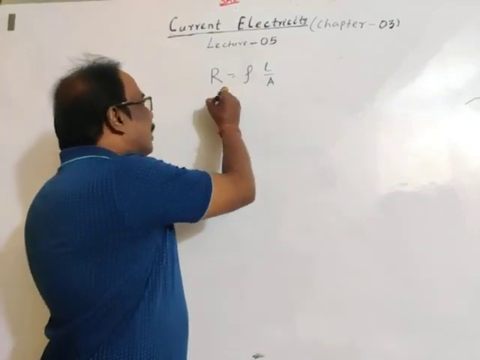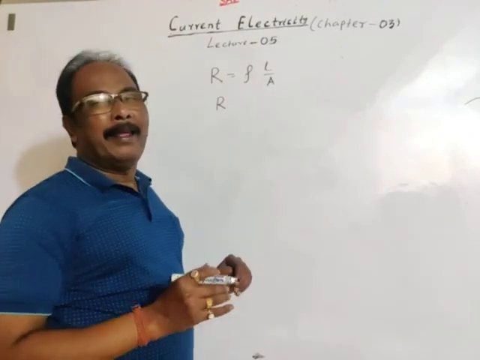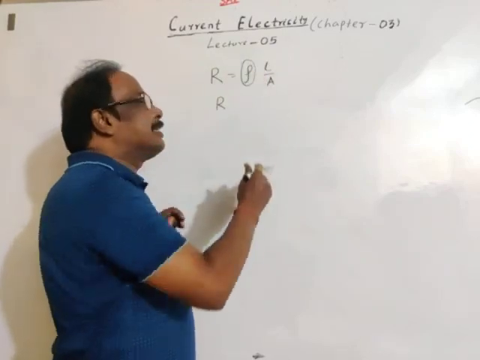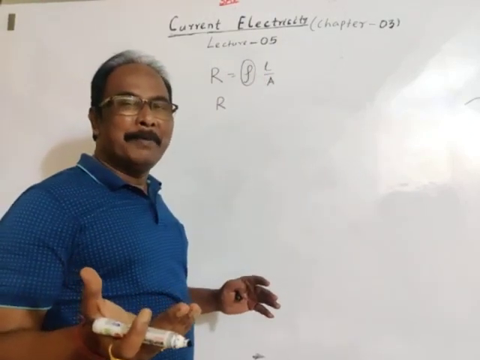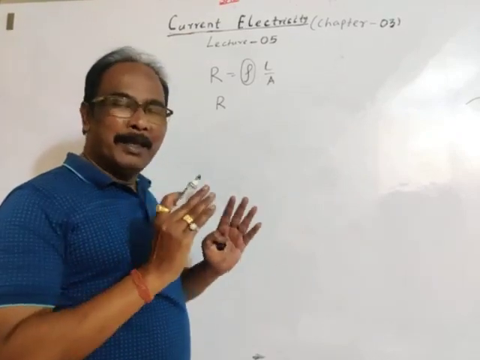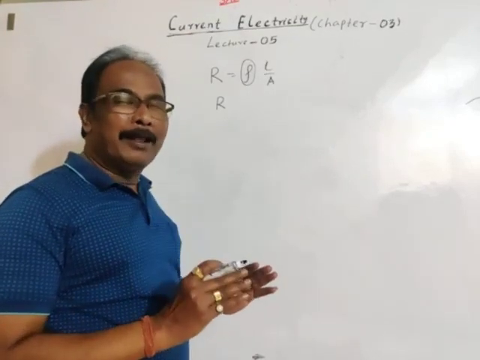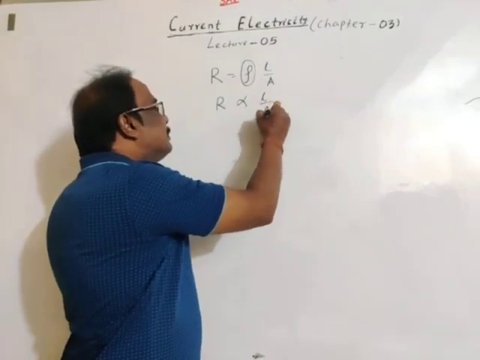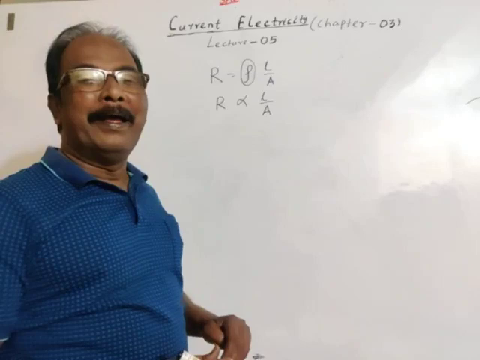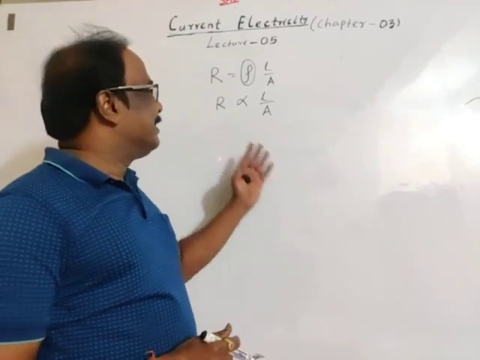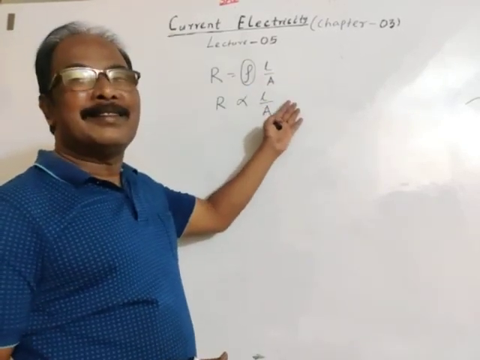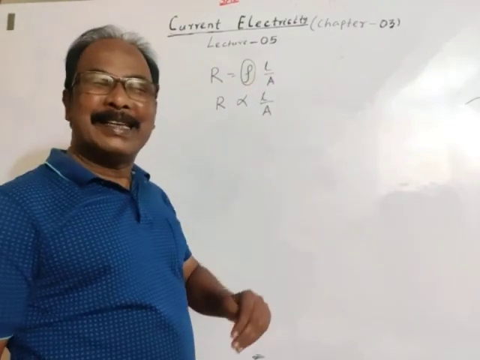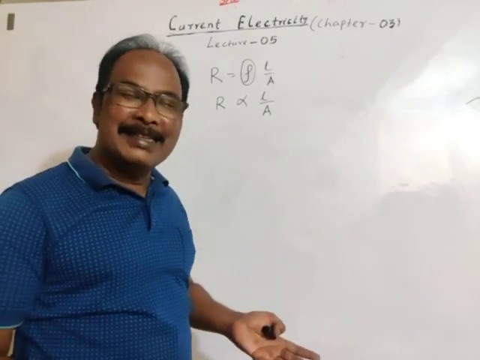For a given material at a given temperature, rho is constant, since resistivity depends upon nature of material and temperature. So resistance is proportional to L by A. If length changes, then resistance changes. If area of cross section changes, then resistance changes.